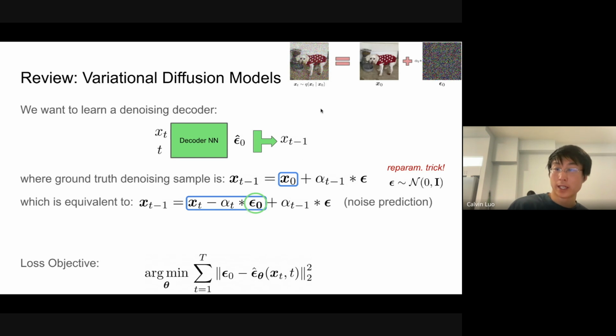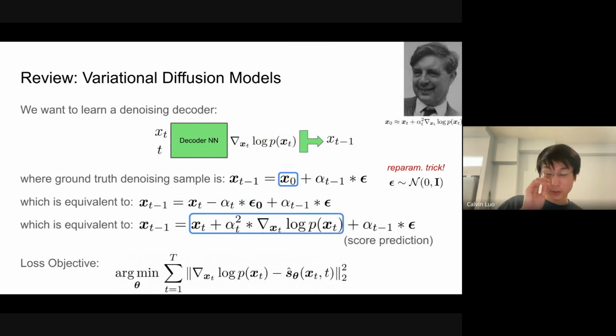Because we know, using the reparameterization trick, x0 is equal to xt minus alpha t times epsilon 0. We can plug it in and say the only unknown term in this formulation for the ground truth xt minus 1 is epsilon 0. So an equivalent formulation is a neural network decoder that predicts epsilon 0.